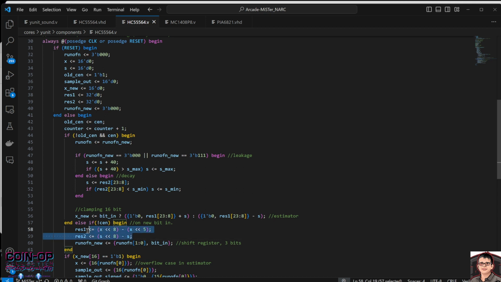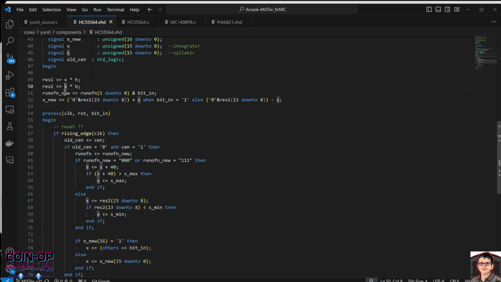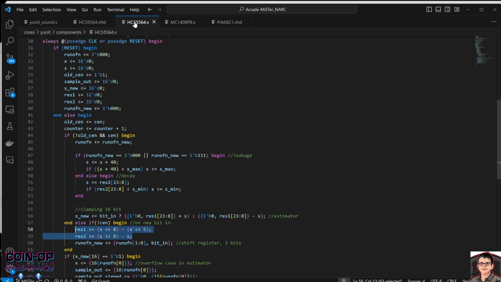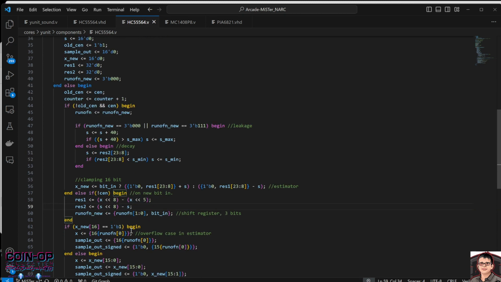And actually GPT does this. I asked it to convert this x times h and s times b into something that doesn't use multiplication, just the basic operations: bit shifting, addition and subtraction. And this is what it came up with. It works wonderfully and it works perfectly. So that's the end of that. We don't have to figure out how to do that by hand.